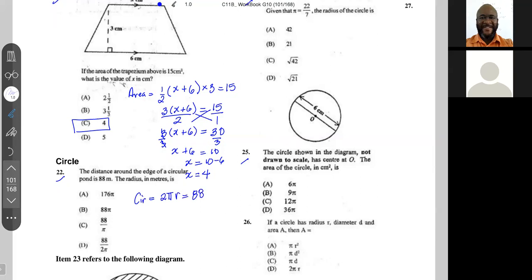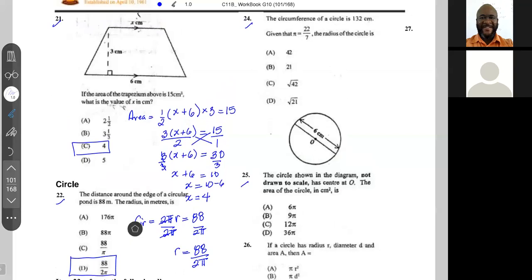If I want to find the radius, I need to get rid of 2 pi. So I'm going to divide both sides by 2 pi. And if I do, I'm going to get that the radius is equal to 88 divided by 2 pi. For 22, the answer is D, or dance.